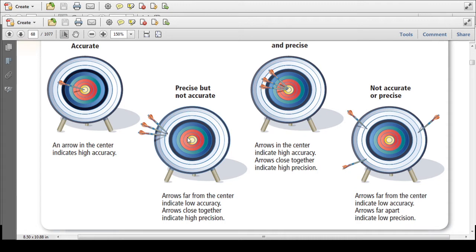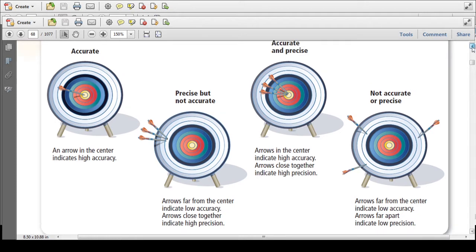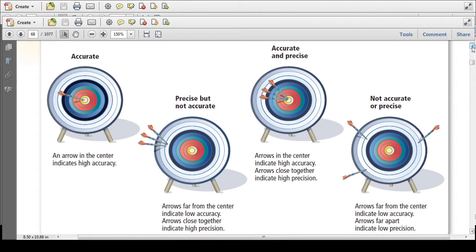However, it's not accurate to the bullseye itself. If that archer improves and makes 3 shots within the bullseye, we can say that the archer's not just accurate, but he's also precise as well.